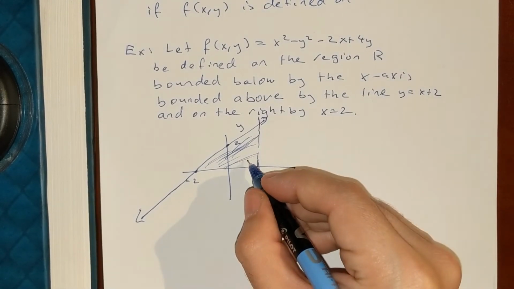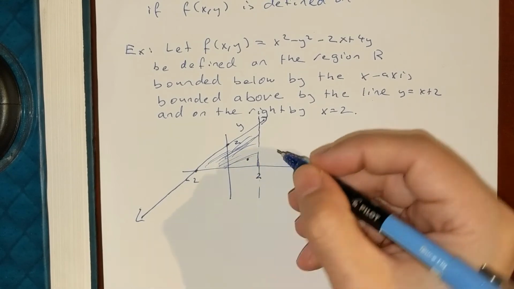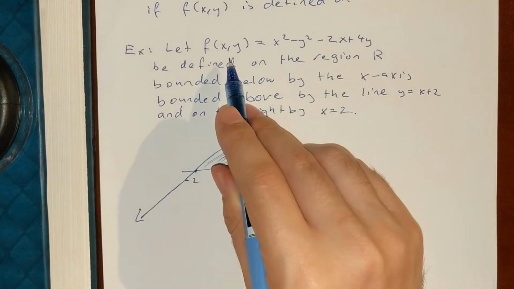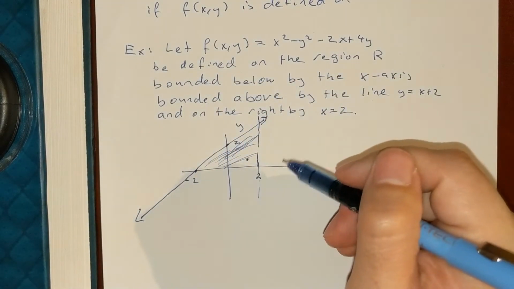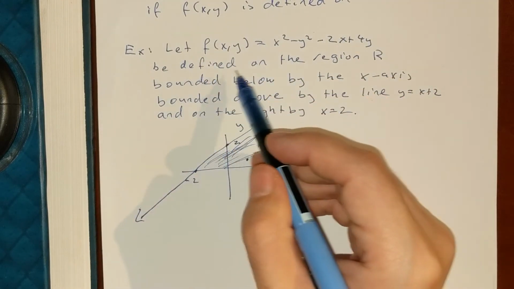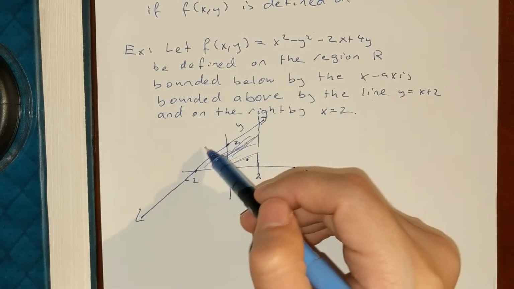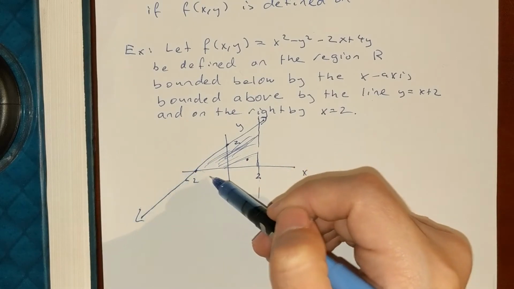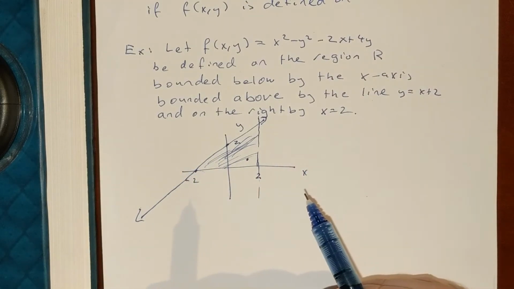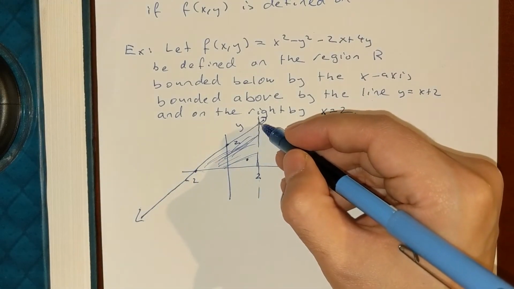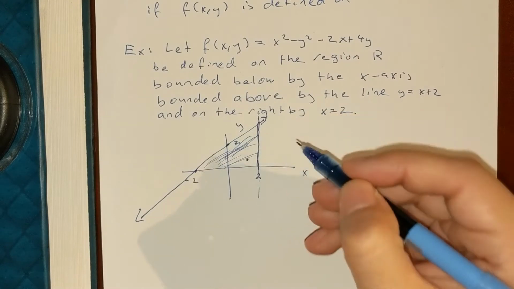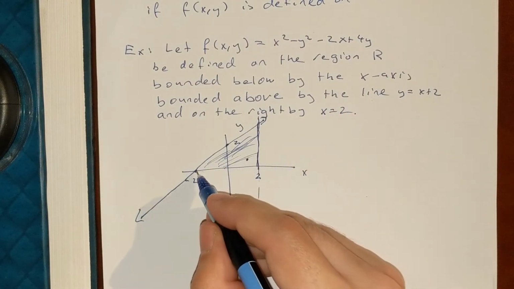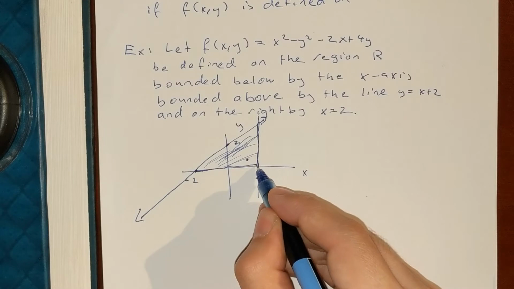For each point in this region, the function just gives me a height. Now this function is defined also outside this region, but I'm only considering it for this region in this problem. We want the absolute maximum and absolute minimum on this region.